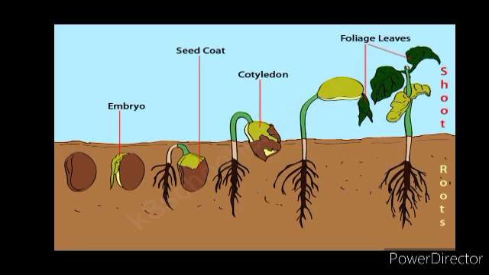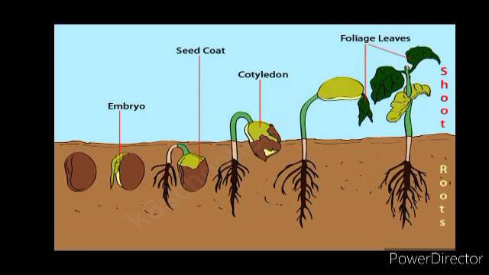These cotyledons or seed leaves store food for the baby plant. The baby plant uses this food till it grows its own roots and leaves. Once the food in the cotyledon is used, the cotyledons shrink and fall off.